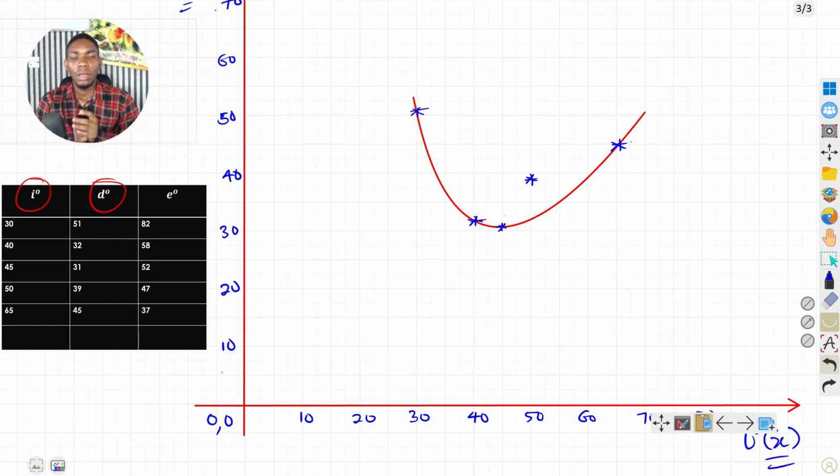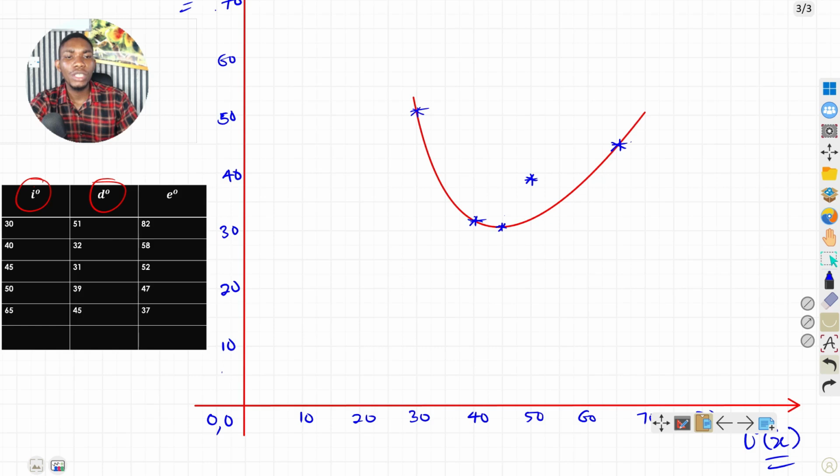Now the next question you have here is to calculate your d minimum, and the corresponding angle of emergent. Now how do we get the d minimum? It's very easy. D minimum is the point at which this whole curve here is lowest.